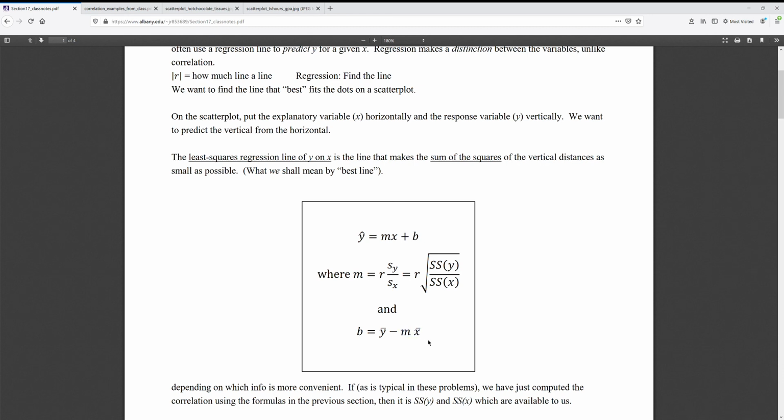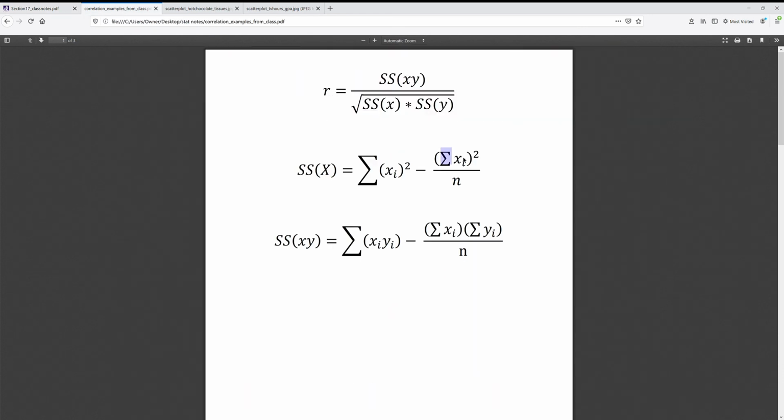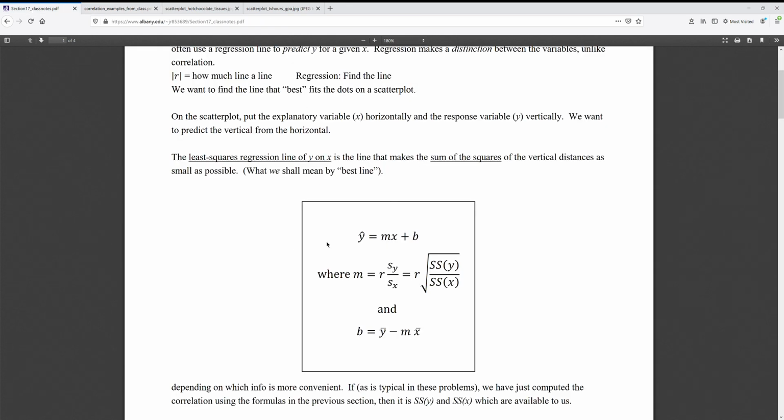Now again, you may not necessarily have the mean, but you're only a divide by n away. If you have gone through correlation, then you have the sum of the x's and you have the sum of the y's. So to put it in terms that may be a little easier, it's the sum of the y's divided by n minus m times the sum of the x's divided by n. Same thing said another way.